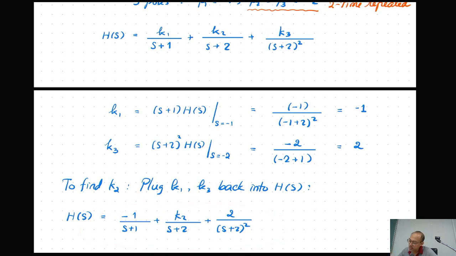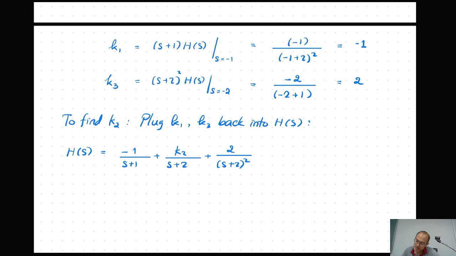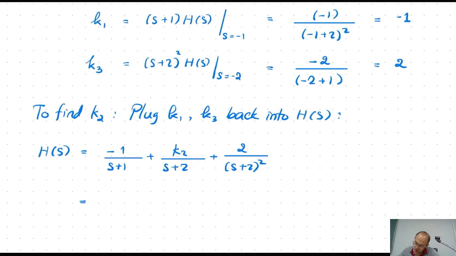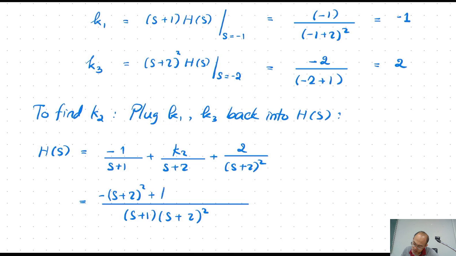And then we need to do some algebra, right? So we have to combine them. When we combine them, we get the denominator (s plus 1) times (s plus 2) squared. The first term is -(s plus 2) squared, the second term is k2 times (s plus 1)(s plus 2), and the last term is plus 2 times (s plus 1).